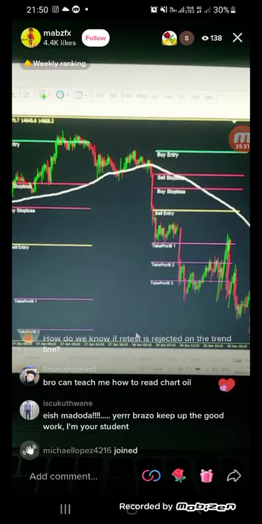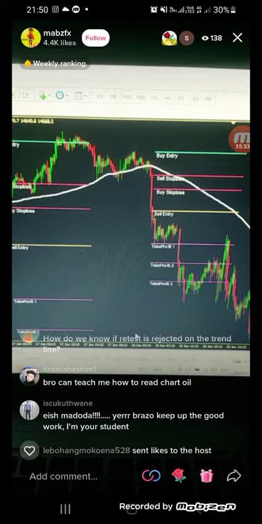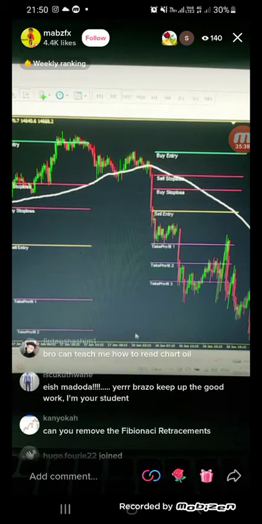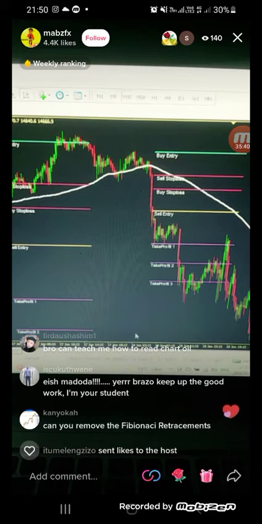How do we know if the retest is rejected on the trend line? Look, there's a couple of things that you can use to see if there's a rejection. You can use candlestick patterns. I'm gonna be completely honest, I really don't look at candlestick patterns, guys, but that's one of the ways to see if there's gonna be a rejection.